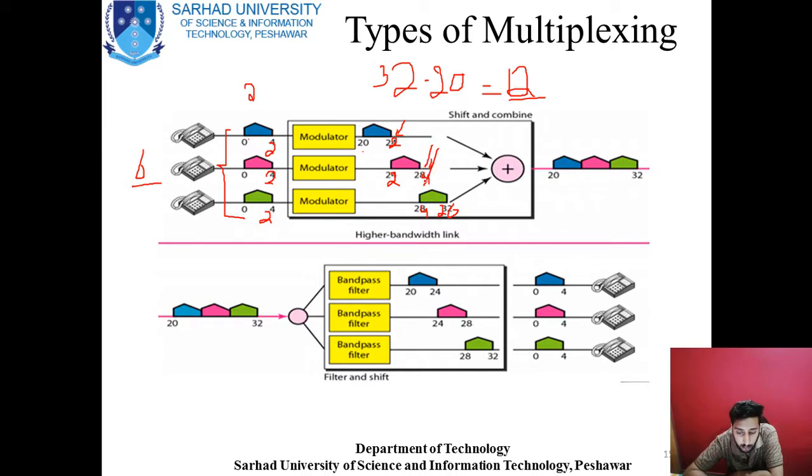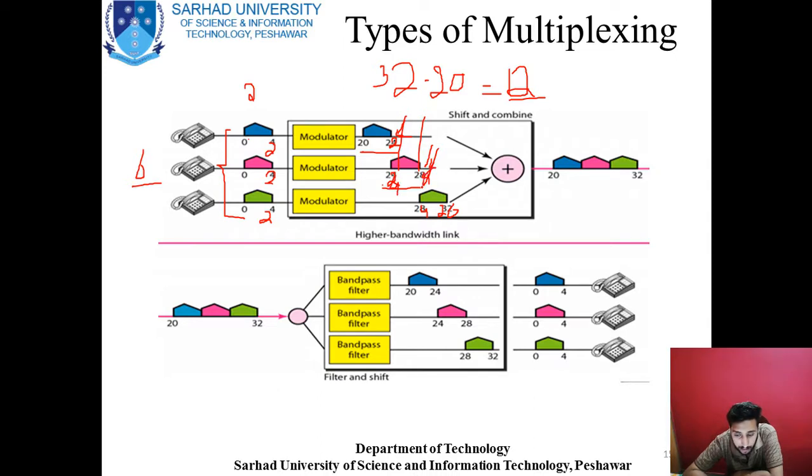Now what is the good methodology? The methodology is that you leave some space between the allocations. For example, if you have allocated 20 to 22 kilohertz to the first user, do not assign the next frequency immediately. Leave a space of at least 1 or 2 kilohertz between the users. So you should assign the next frequency, let's say from 24 to 26.